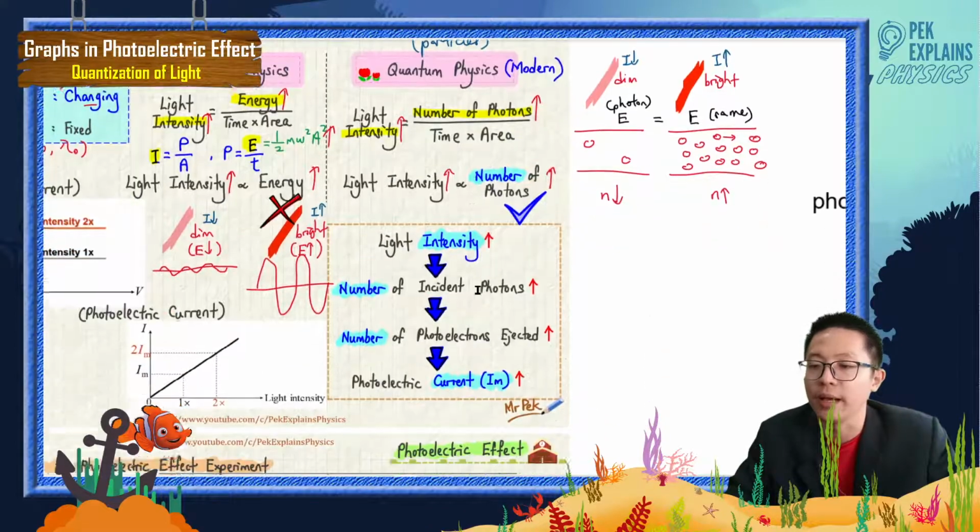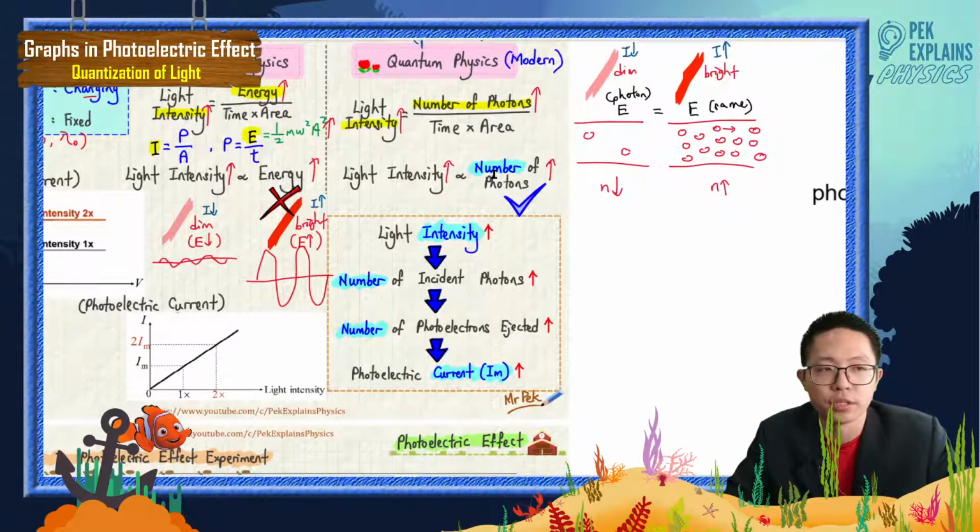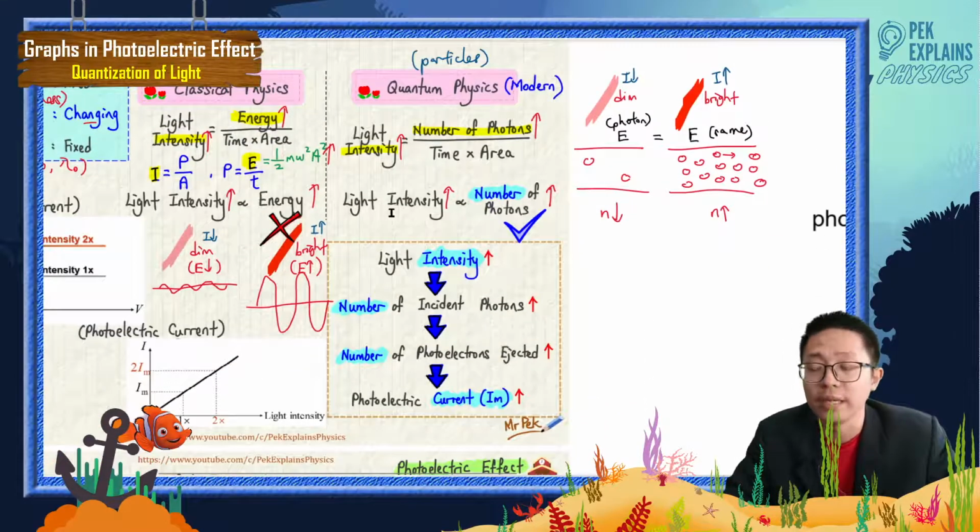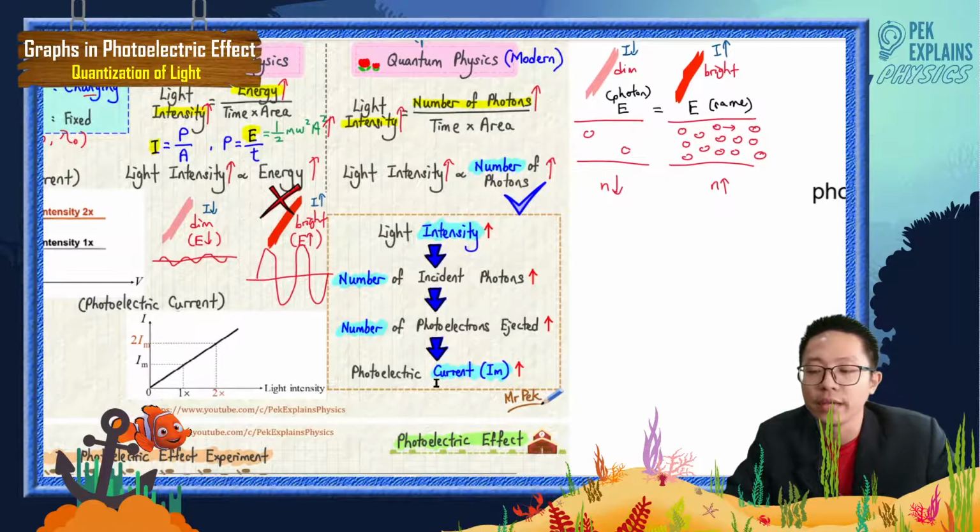Okay? So for quantum physics, intensity is proportional to the number of incident photons. So the higher the intensity, the more the incident photons, the higher the number of photoelectrons ejected, and the photoelectric current, the saturation current, this I maximum, will be more.